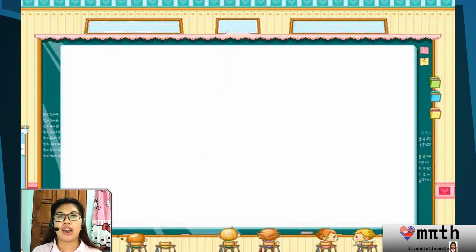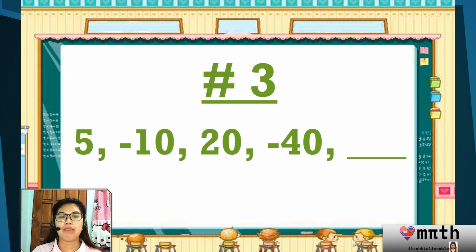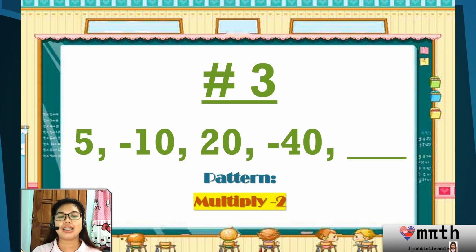Okay, for our last number, we have the sequence 5, negative 10, 20, negative 40. Let us observe the pattern. As you notice, the pattern is multiplying by negative 2. 5 multiplied by negative 2, that will be negative 10.